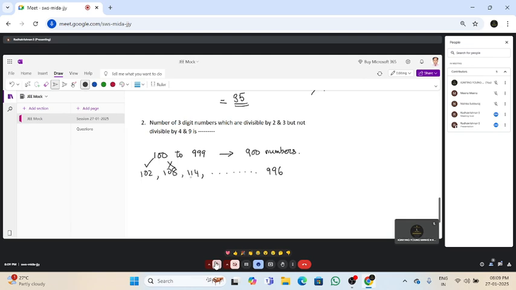Okay, 114 is not divisible by 4 and not divisible by 9, so we can select it. But 120 is divisible by 4, so we cannot select it. 126 is divisible by 9, so we cannot select it. We cannot keep doing it one by one like this. So we need a method to count.